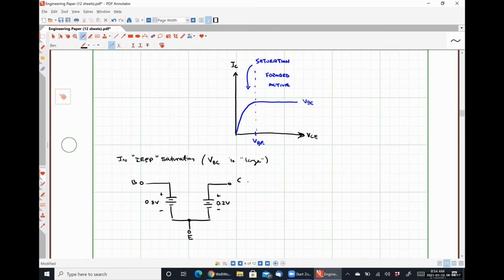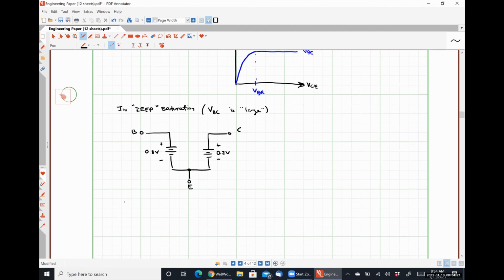Okay. In soft saturation, which we'll consider, I can write here, VBC is less than 200 millivolts.